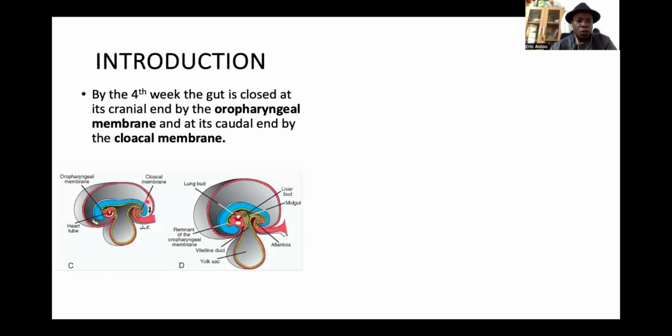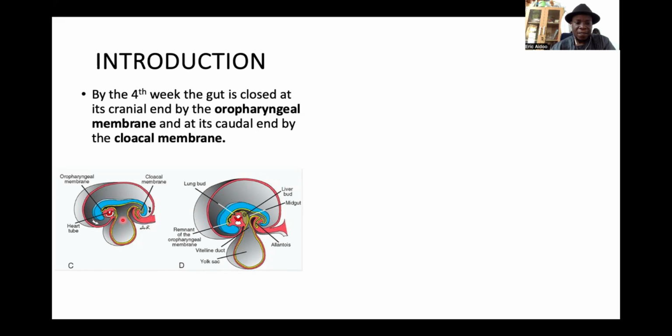So this is what we are describing: the oropharyngeal membrane at the cranial portion, and then you have the cloacal membrane at the caudal end. Now, you should also appreciate the fact that we are looking at the endodermal portion of the trilaminar disc, okay?